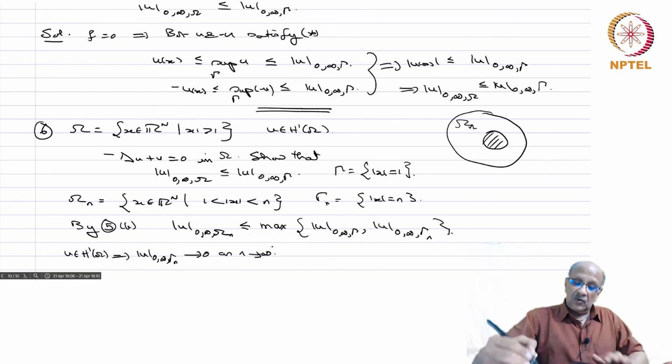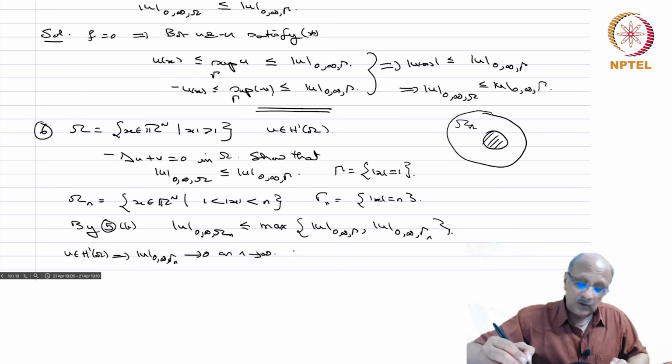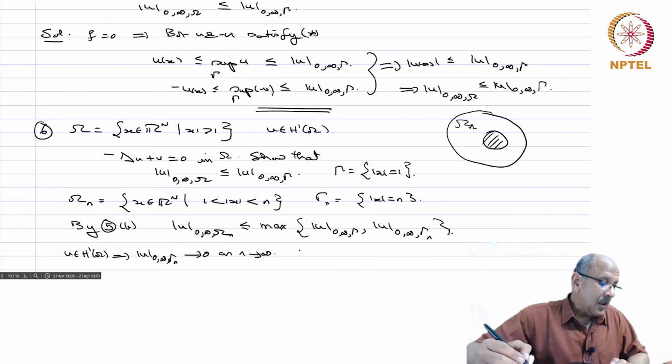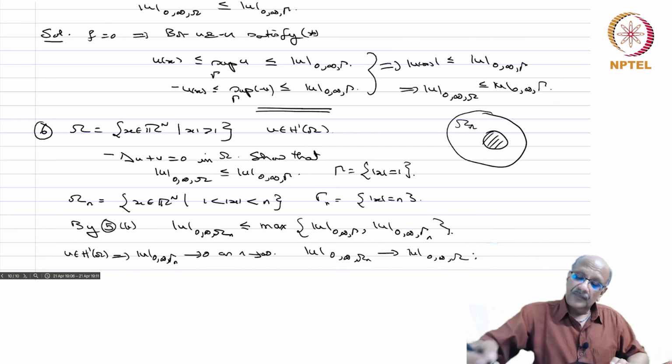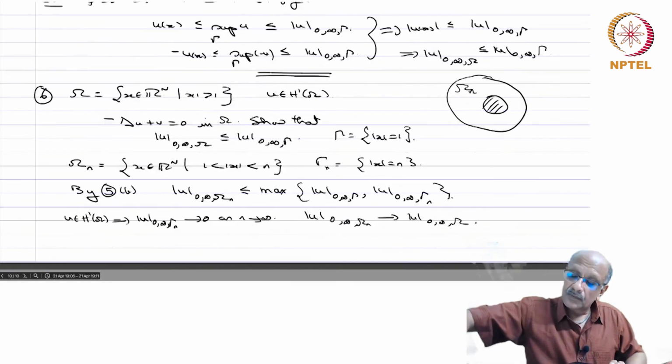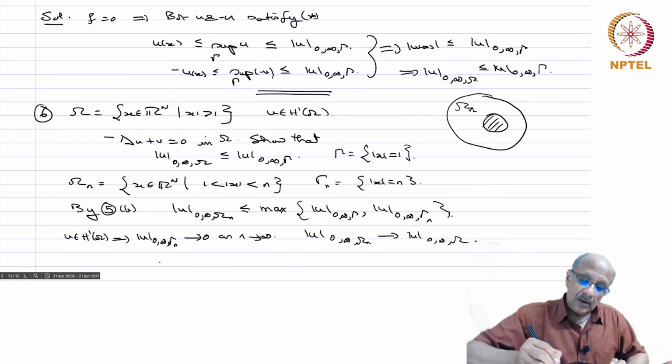It has to go down to 0, because it is an L2 function, so it cannot be positive on a set of positive measure as the domain grows. And also the L infinity norm of u on omega n will go to the L infinity norm of u on omega. From this you conclude, hence the result.